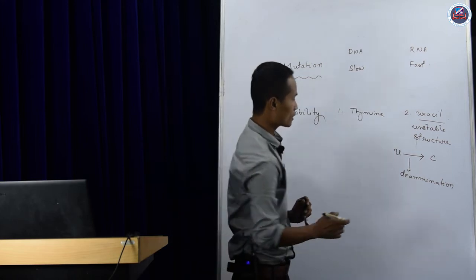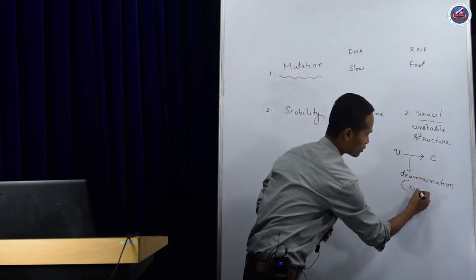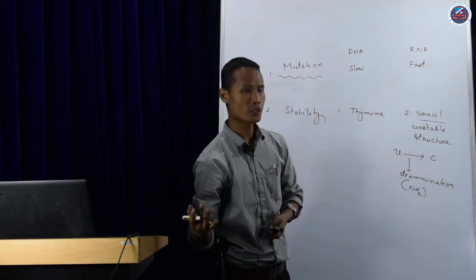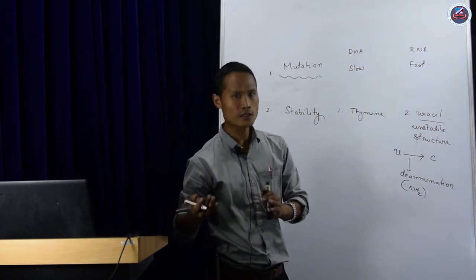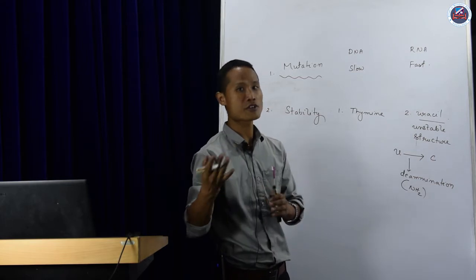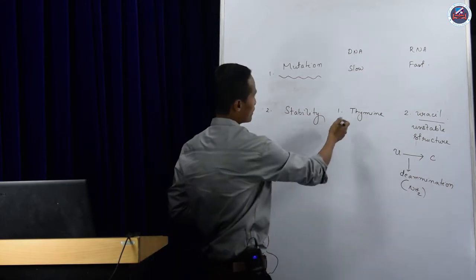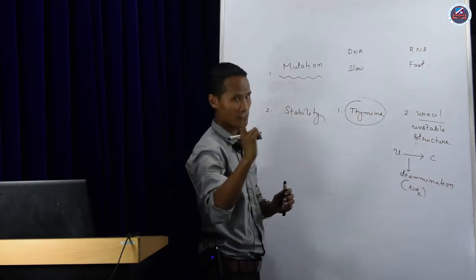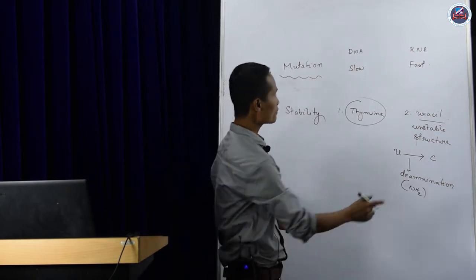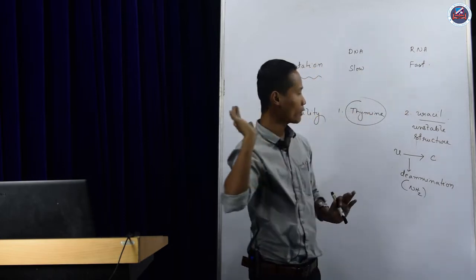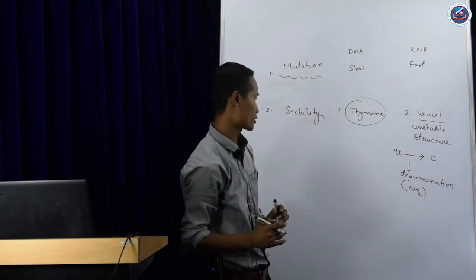So what is deamination? Removal of NH2. The amino group gets removed. So if uracil keeps on changing its structure, it means that it is unstable and more reactive. The presence of thymine confers additional stability to the structure of DNA. The presence of uracil in RNA provides an unstable structure.